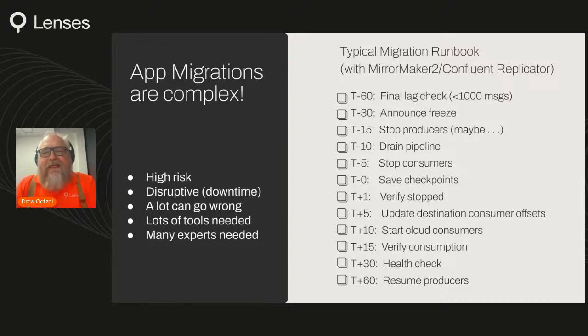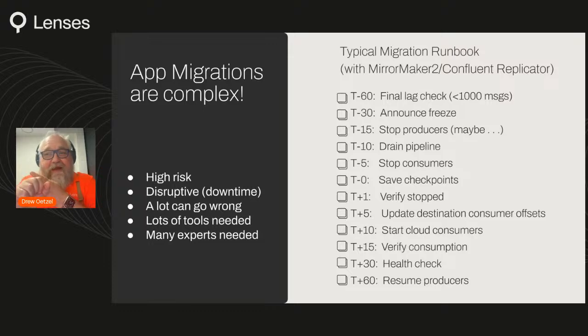One of the things I'm going to be demonstrating here is an app migration. We are going from an old MSK cluster to the new Express Broker cluster. If you're not familiar with MSK and Express Brokers, MSK is the AWS Kafka offering.